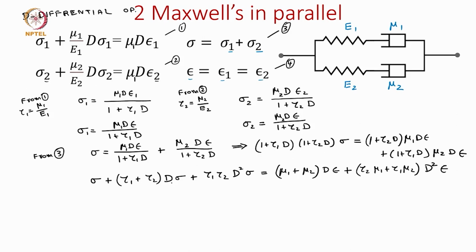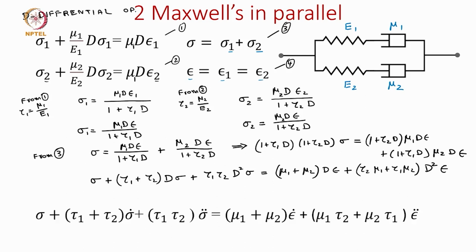So, once we replace these d sigma with sigma dot, d square sigma with sigma double dot, and these with first derivative of the strain and the second derivative of the strain, what we get is this final equation in the standard form.